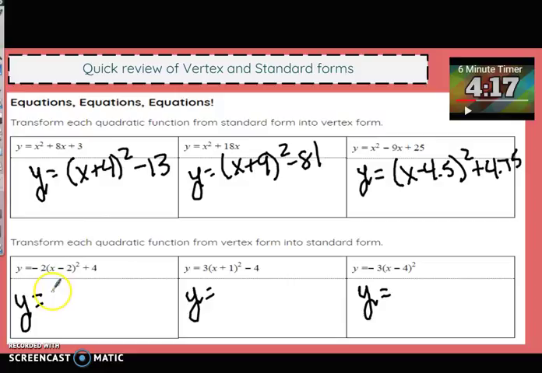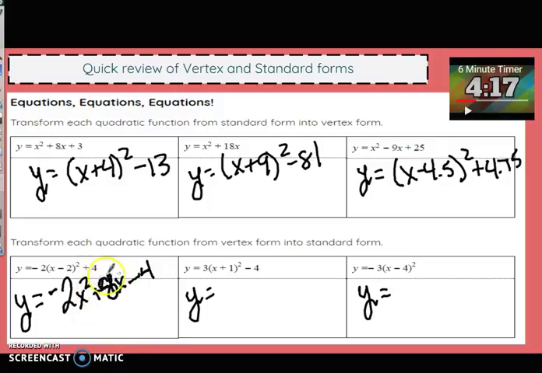Okay. Table 7, what did y'all get on this one? Negative 2x squared minus 4x minus 4. That's supposed to be positive 8x right here.